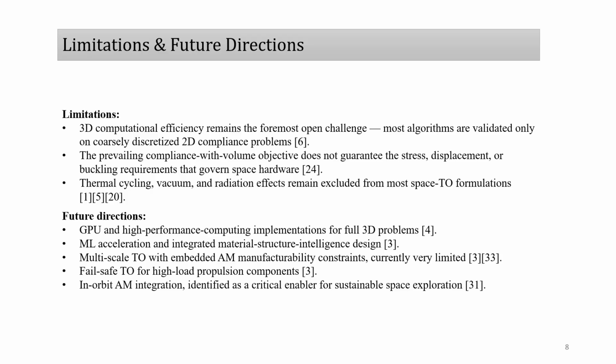Future directions, therefore, include high performance computing for full three-dimensional problems, machine learning acceleration, multi-scale topology optimization with embedded additive manufacturing constraints, fail-safe optimization for critical propulsion components, and eventually integration with in-orbit manufacturing.